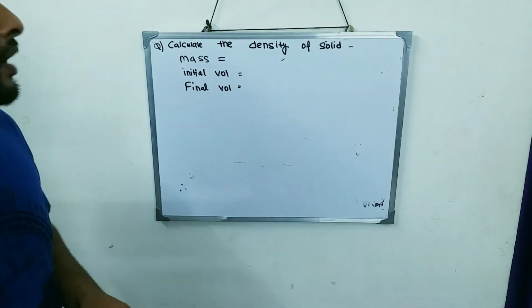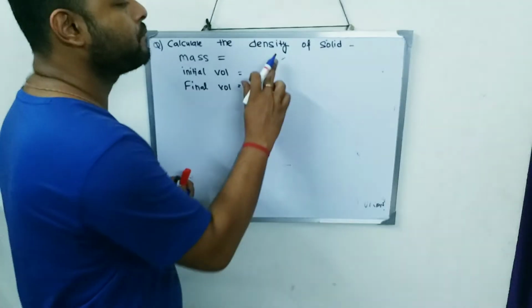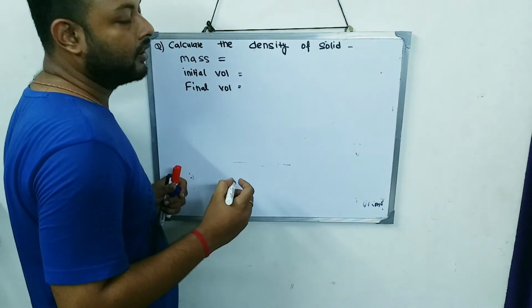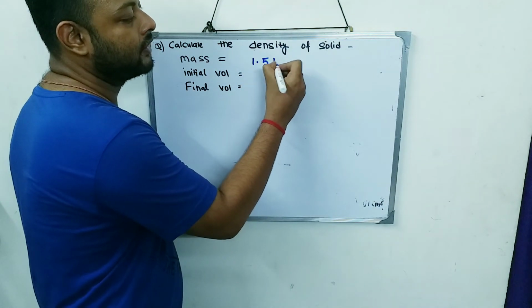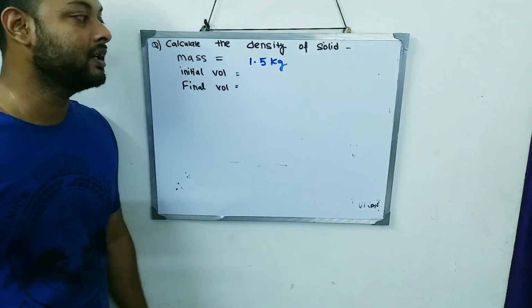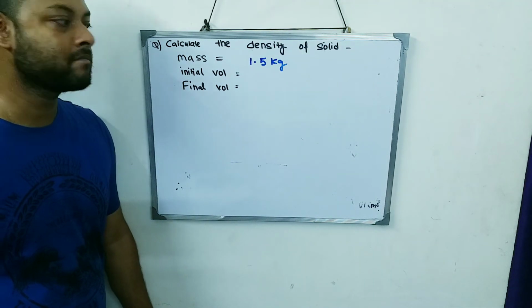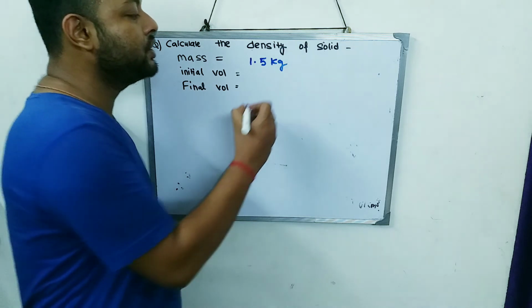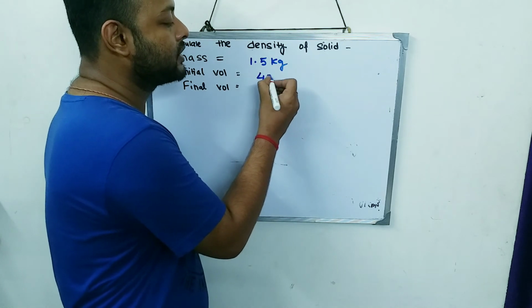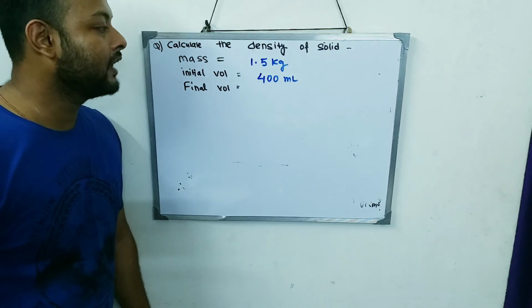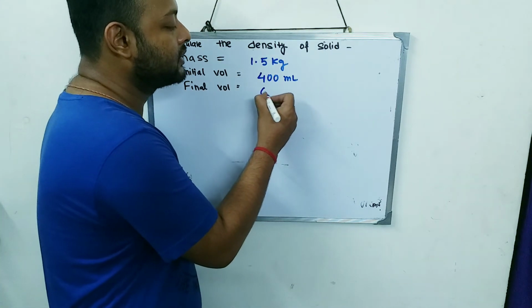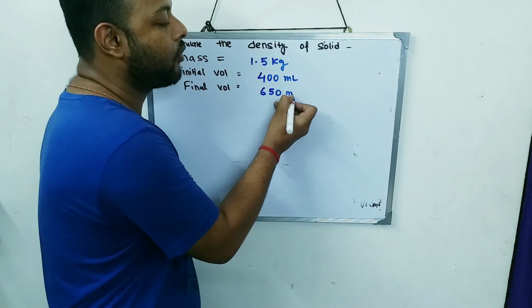I'll take my mass as 1.5 kg. Clear? And say initial volume, I will take this as 400 ml, and the final volume, I'll take this as 650 ml.